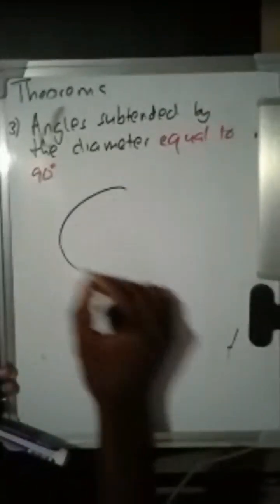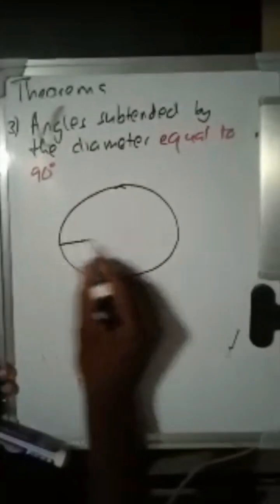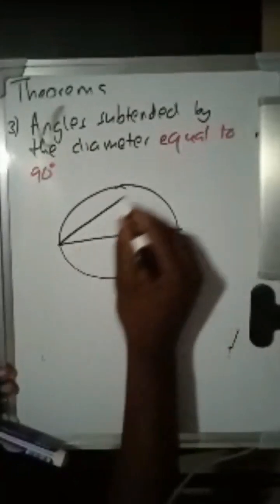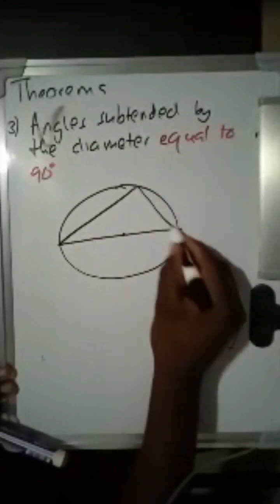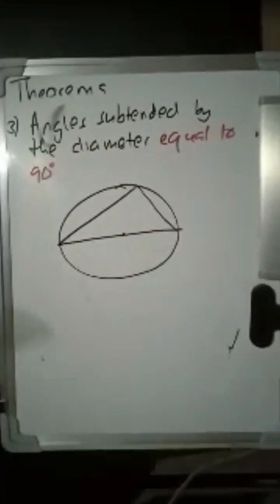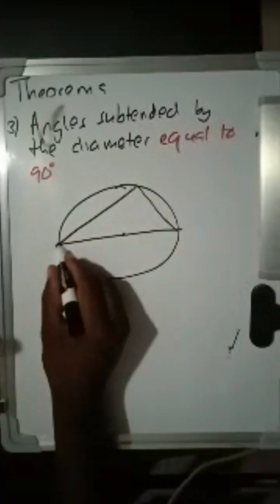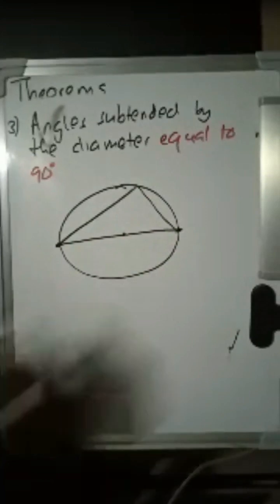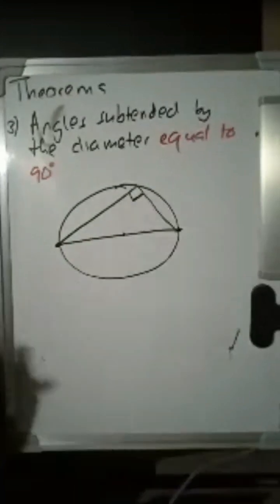Where does that come from? It comes from the angle at center being 2 times the angle at the circumference when subtended by the same chord or by the same arc. So it tells us that this one is 90 degrees. Why?